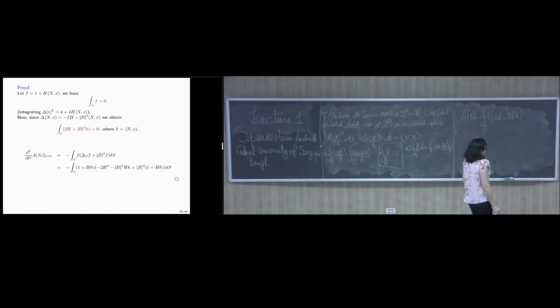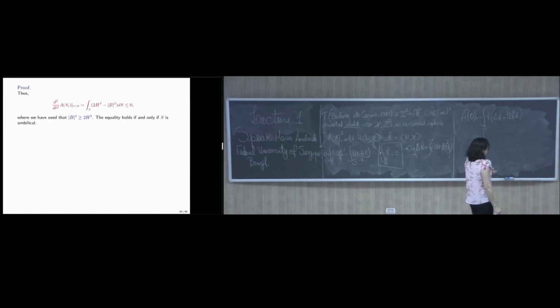After you can calculate the Laplacian of this function, it is this expression, and after some calculation here, you get this expression. So to prove that, use that the function f is equal to 0, and you prove that this integral of this function here is equal to 0. You need this to prove that.